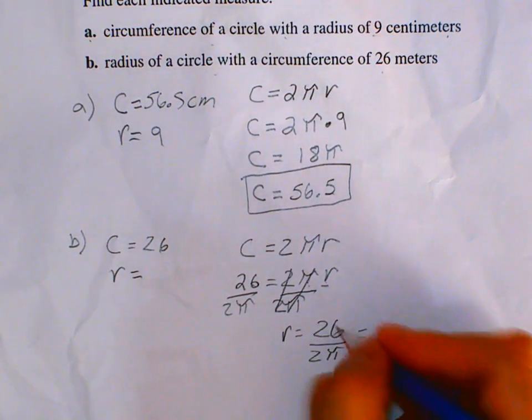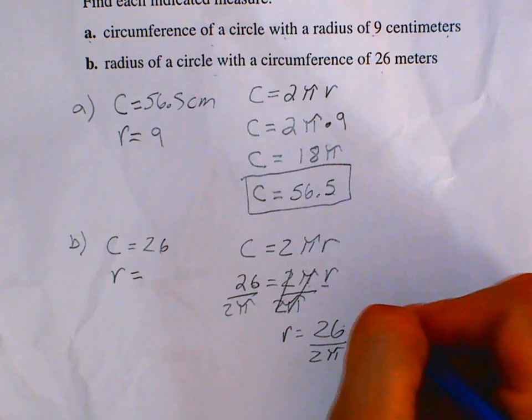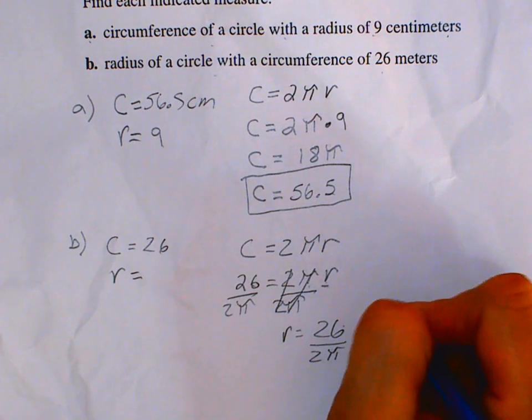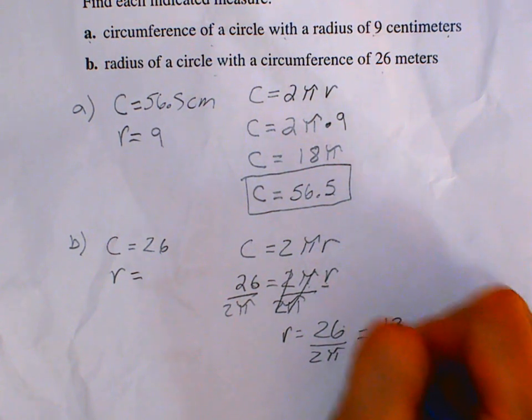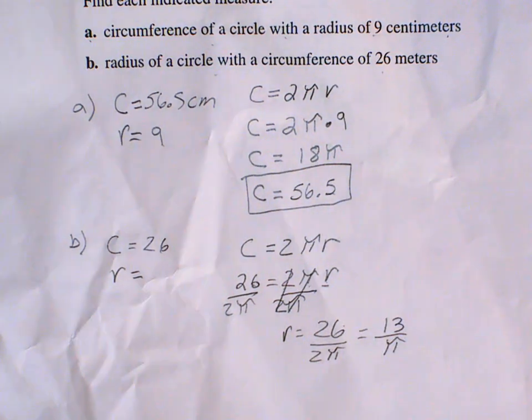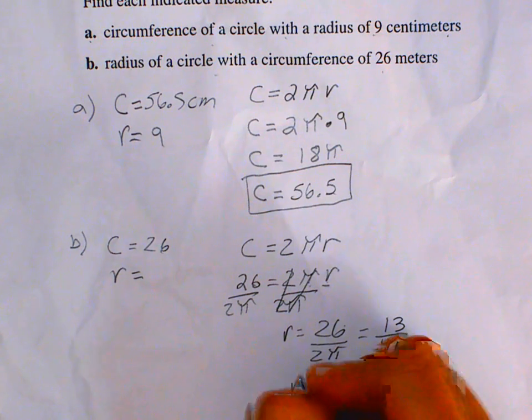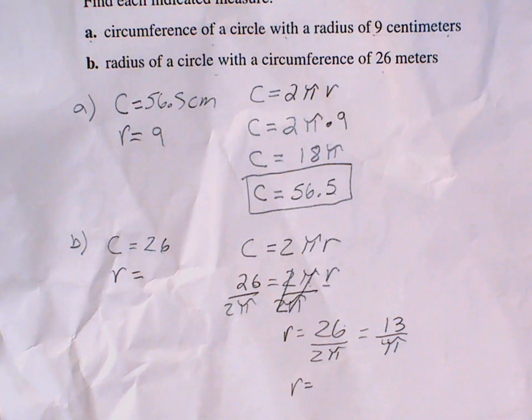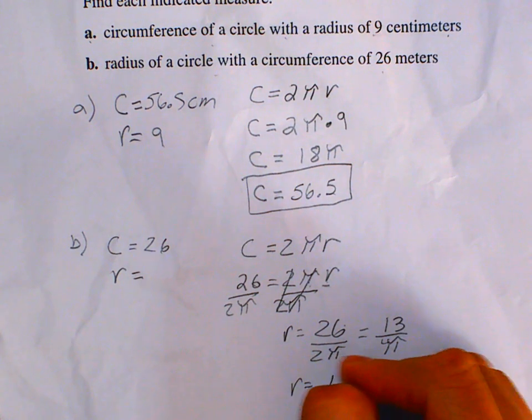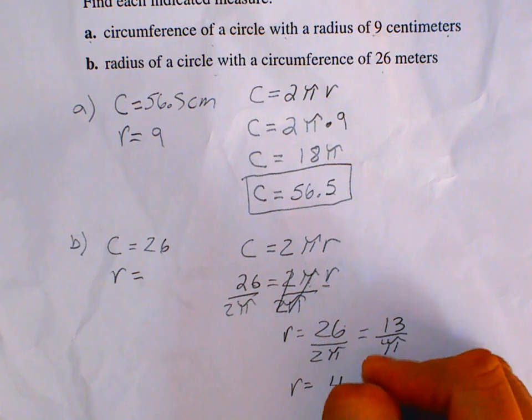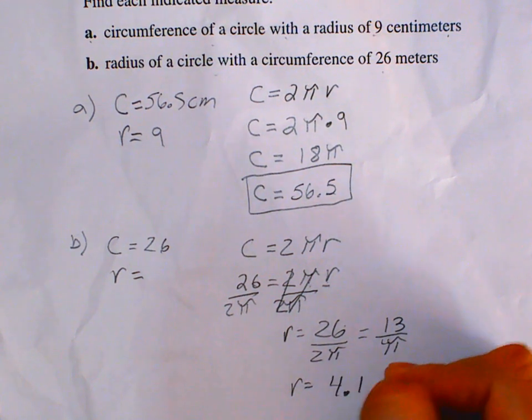Now I could reduce that, 26 and 2 are both divisible by 2, and I get 13 over pi. If they want the exact answer, that's what you might want to put. If they want the actual decimal approximation, I divide 13 by pi, and I get approximately 4.1 to the nearest tenth.